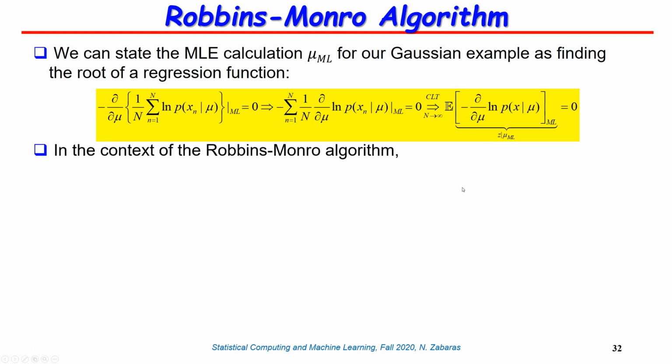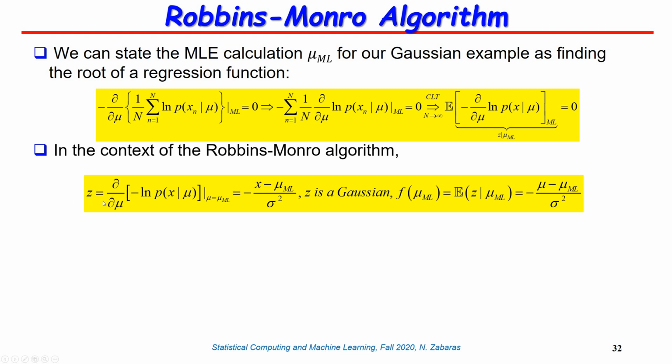So if you do that, this is your z, the negative gradient evaluated at the MLE. So if you take your Gaussian, you compute derivatives with respect to mu, and then you set mu to be the MLE estimate, what you get is minus (x minus the MLE estimate) divided by sigma squared.